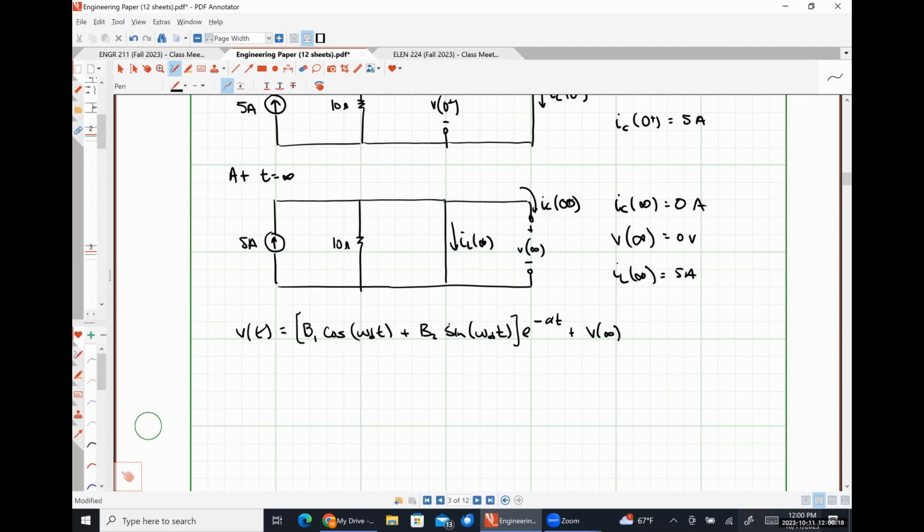All right. So at t is equal to 0 plus, we are going to have B1 plus V at infinity. Since V at infinity was 0, V at 0 plus is B1. B1 is equal to 0 volts.